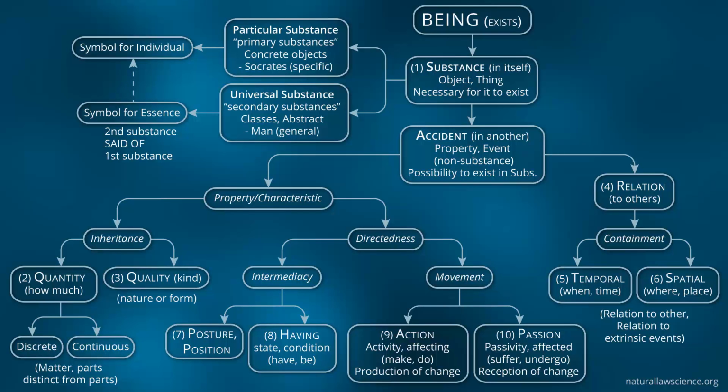Those are accidental aspects to that substance, because the matter could be any type of matter. There does need to be matter, there needs to be substance, but the type of matter is accidental, it's not essential. The form is what is essential, because the form is the essence that informs the matter to become what it is.